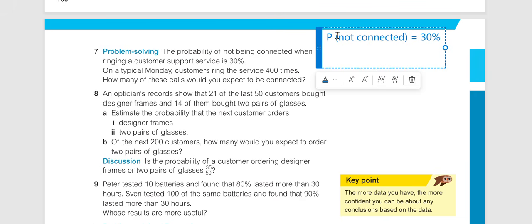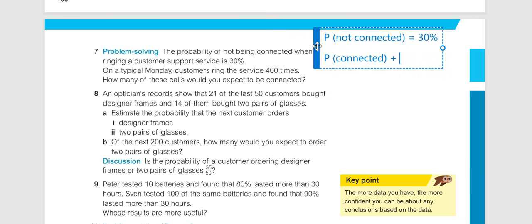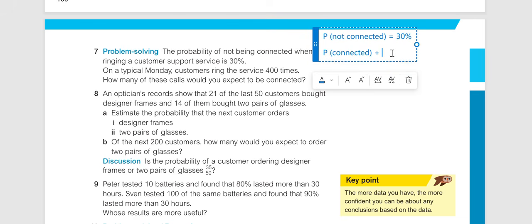Something you need to remember is this: probability of connected plus probability of not connected. When you add them together, what will be the answer? 100? No, it equals 1. It equals 1, right?